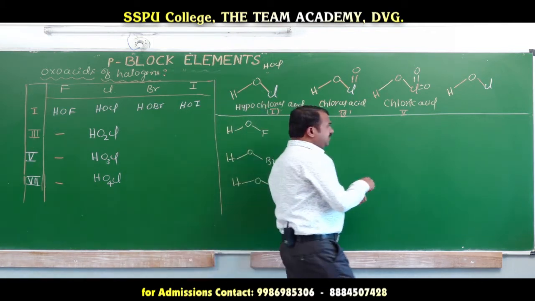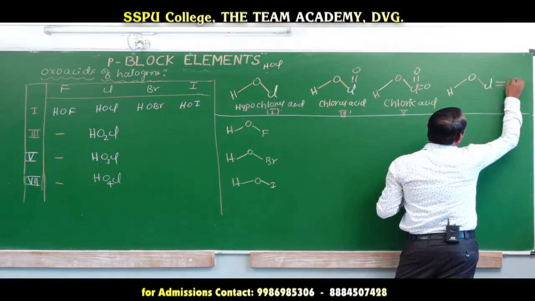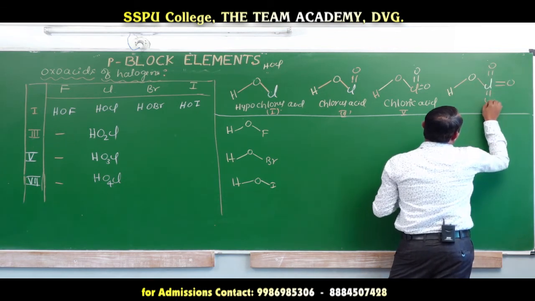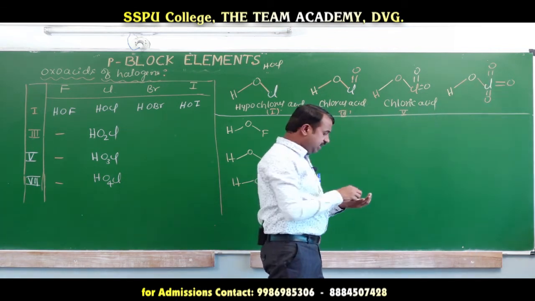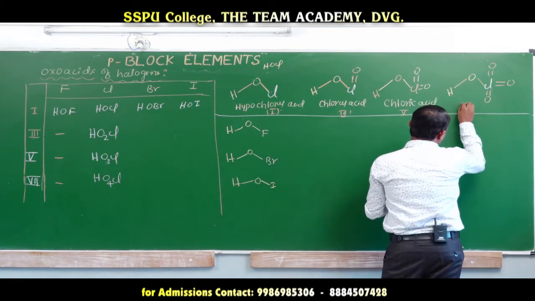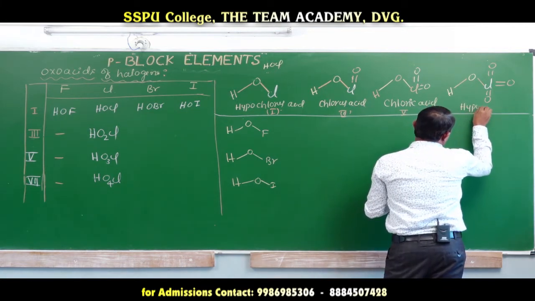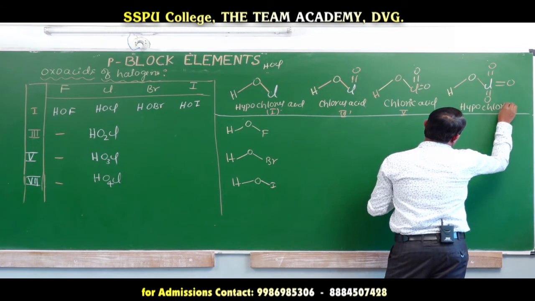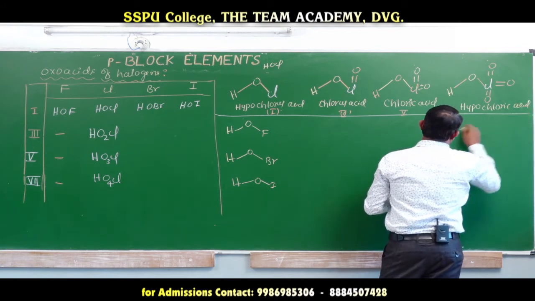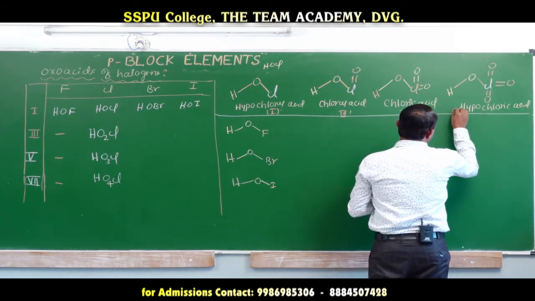Next, the chlorine valence with oxygen 3. 1, 2, 3. Okay? This one is perchloric acid. Oxidation state 7.